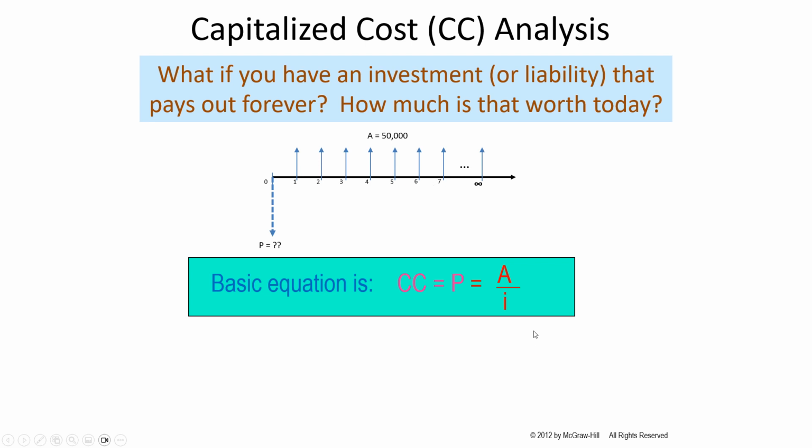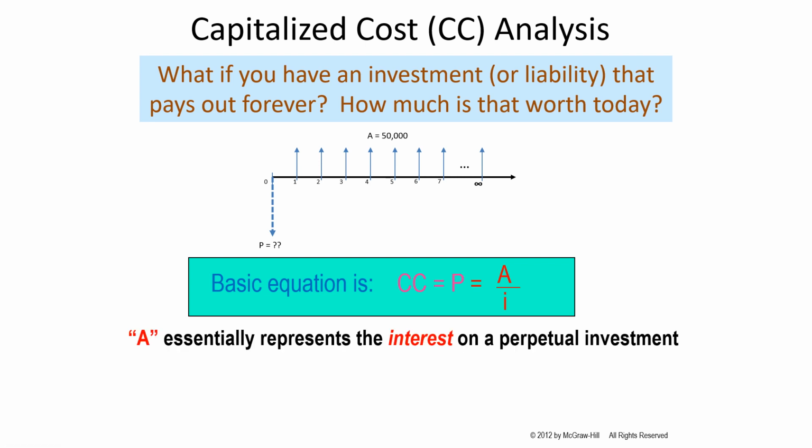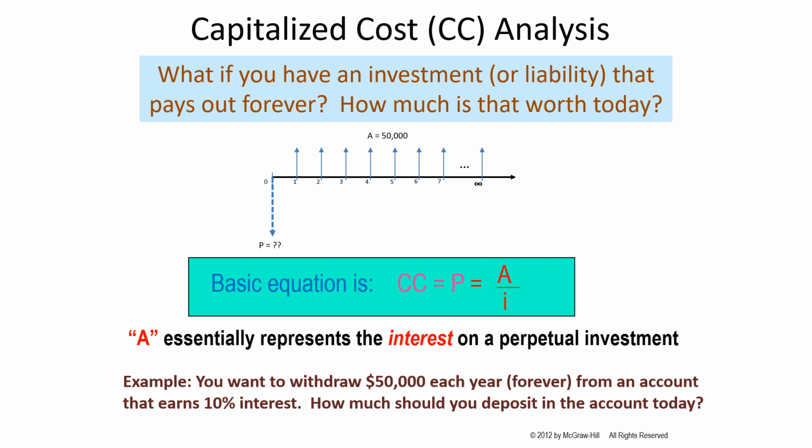For a certain interest rate, you'd simply divide the annual amount by the interest rate, and that tells you how much you need to deposit at time 0 in order to make that series of withdrawals possible. So A is the interest on a perpetual investment, and if it was a 10% interest rate, then you'd need to deposit $500,000, which is $50,000 divided by 0.1, in order to be able to withdraw $50,000 each year forever.